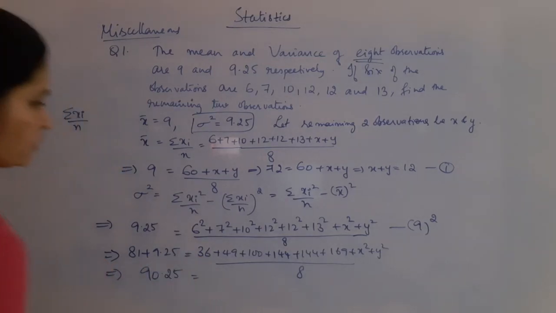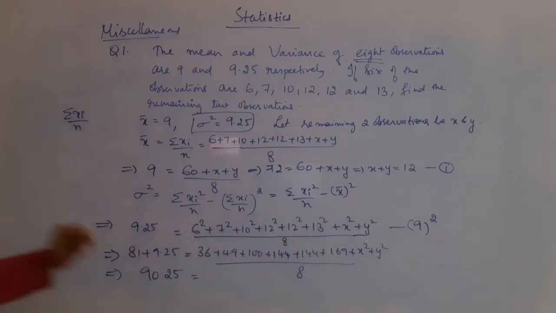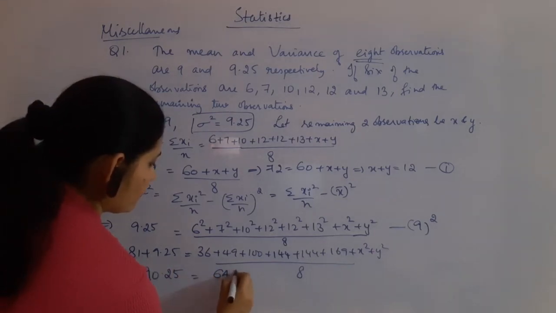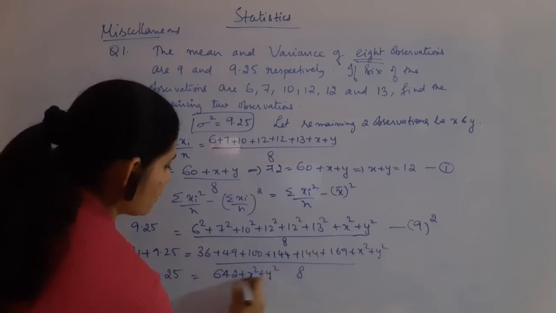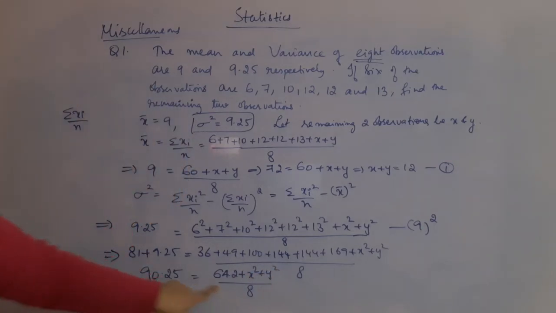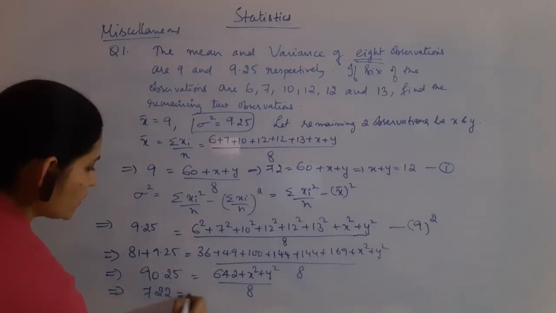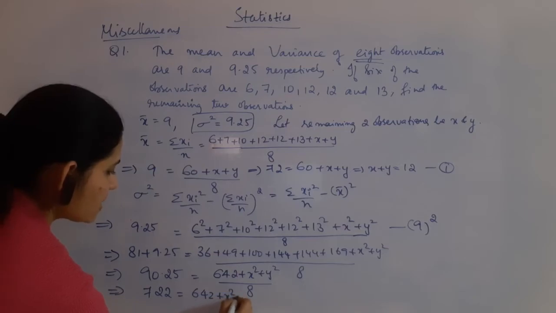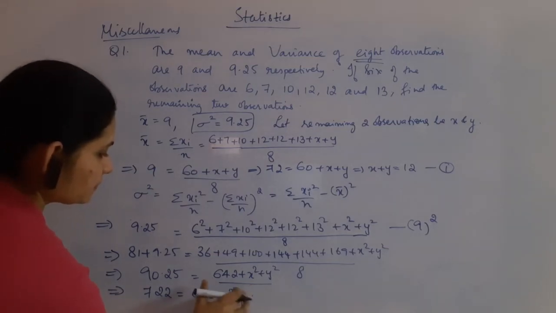This is equal to, here the sum of all these terms will give you how much? Just calculate. You have to get it to be 642 plus x square plus y square by 8. Again this 8 will go there and you will get 90.25 into 8, which will give you 722 equal to 642 plus x square plus y square, right?